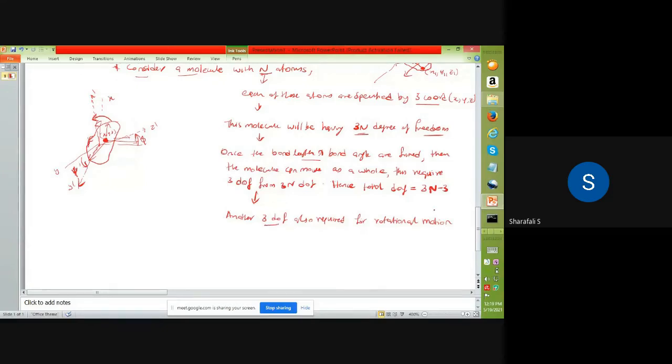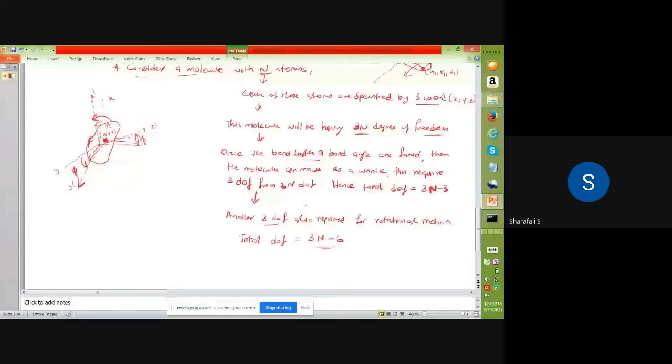So then we have the total degrees of freedom. The total degrees of freedom will be equal to 3n minus 6, because 3 degrees of freedom are already taken for translational motion and 3 degrees of freedom are taken for rotational motion. So the total is 3n, minus these 6 degrees of freedom.